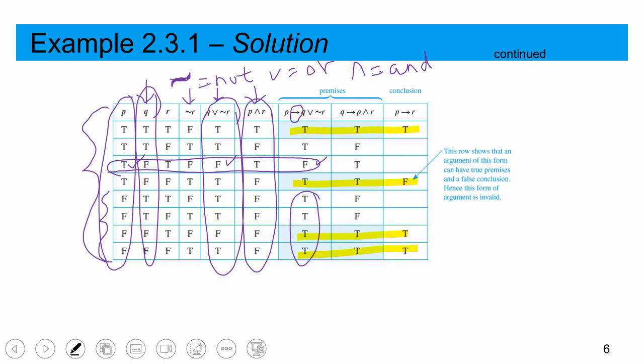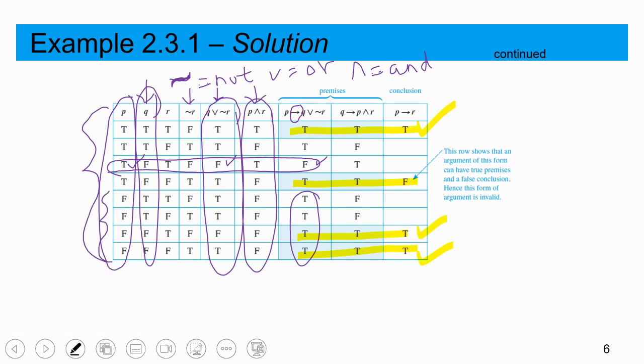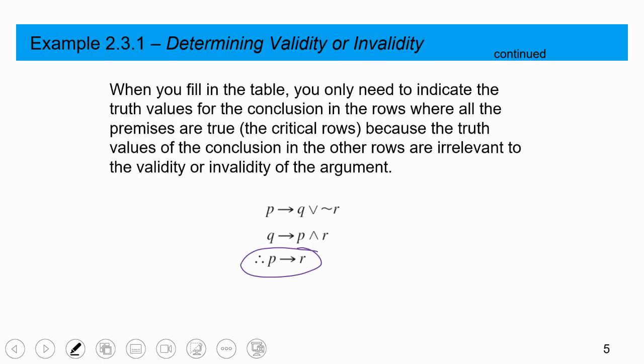Notice that for every row where both premises are true, we have, well, not every one. We have that row leads to a true conclusion, and these do. However, not this one. This row demonstrates that the argument form that we were looking at is not valid.